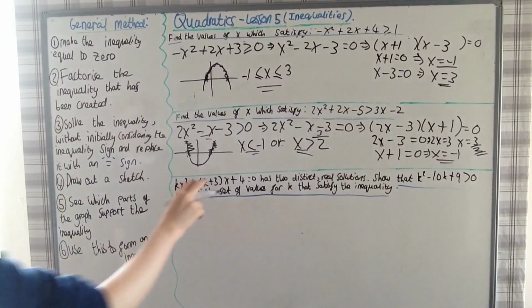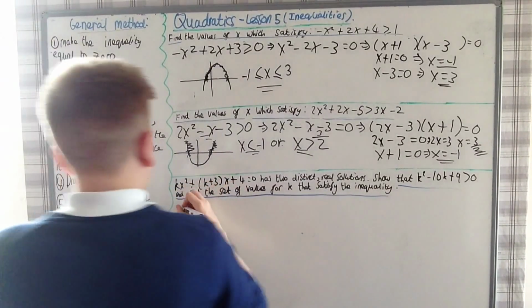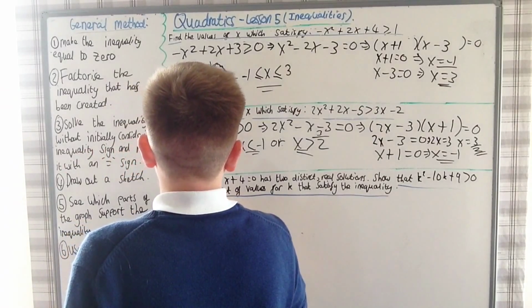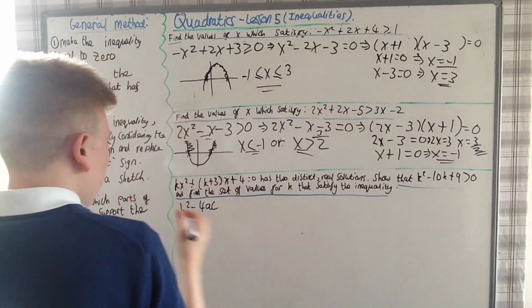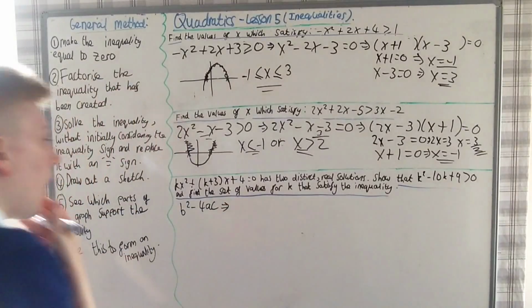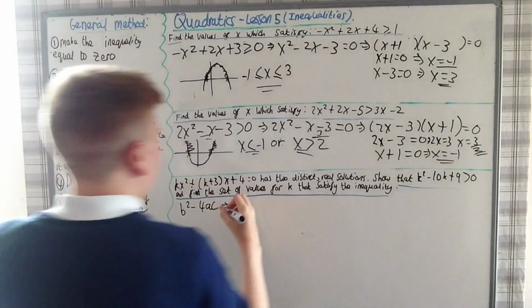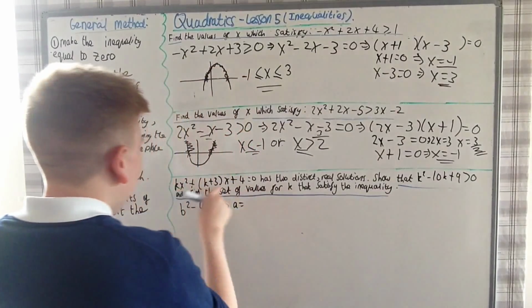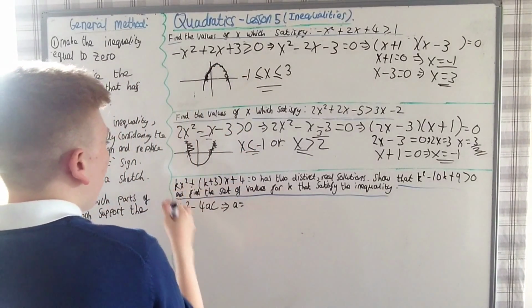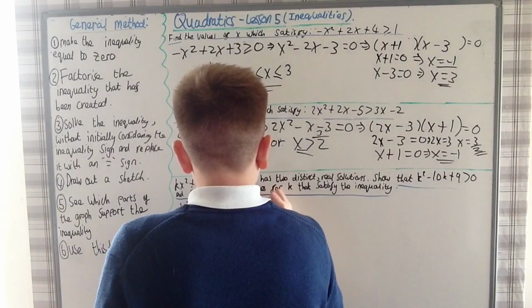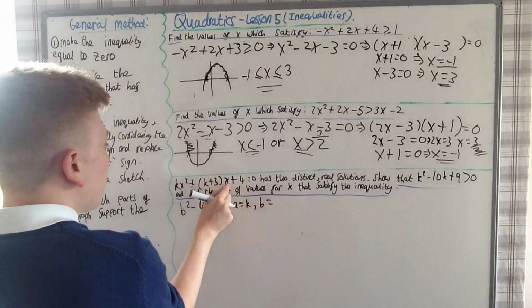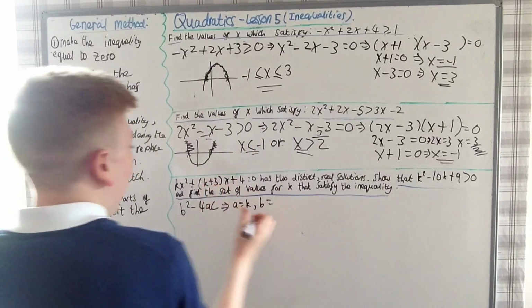So let's use the discriminant, which if we remember back is b squared minus 4ac. And we can use that with this, okay? So our a value in this equation is the coefficient of x squared, which is k. Our b value is the coefficient, the number in front of the x, which is k plus 3.